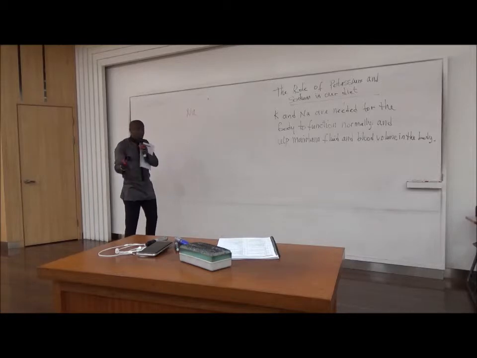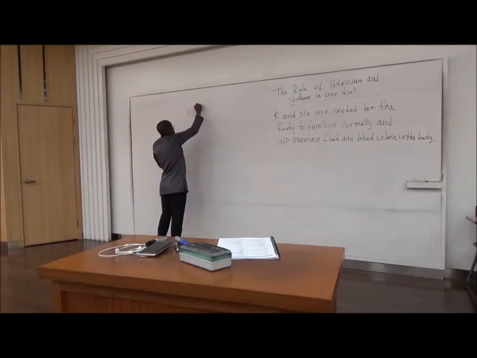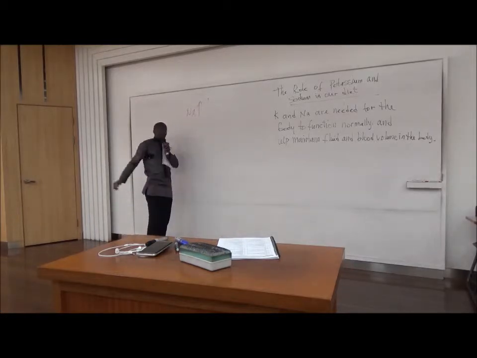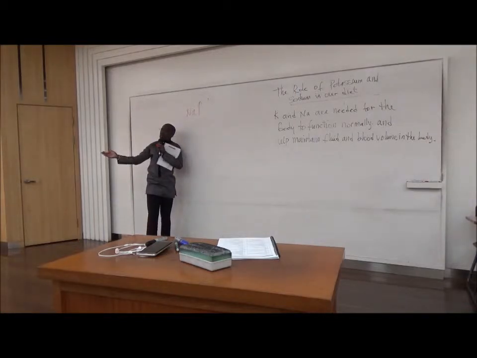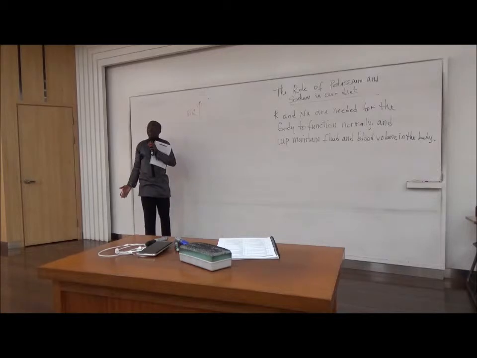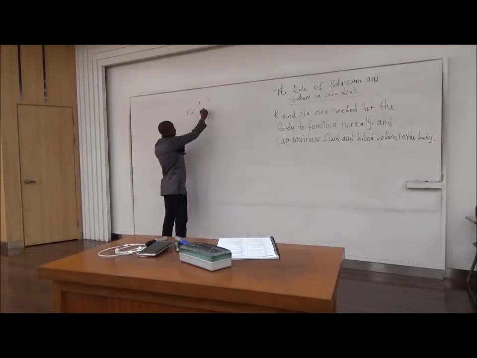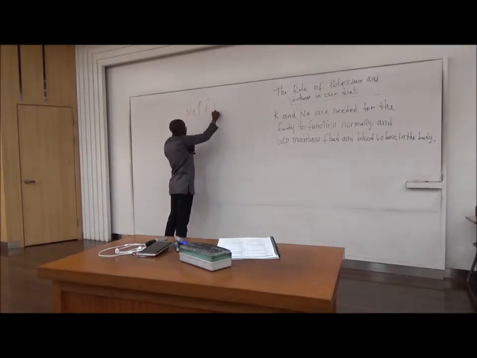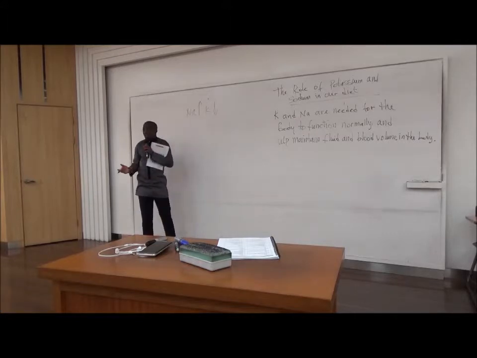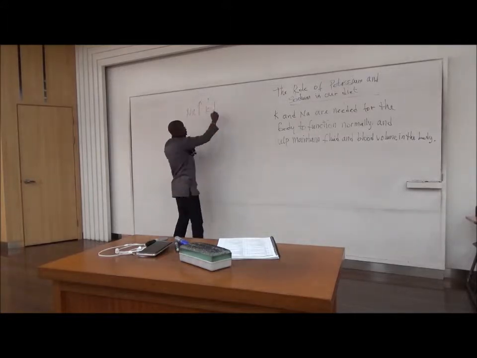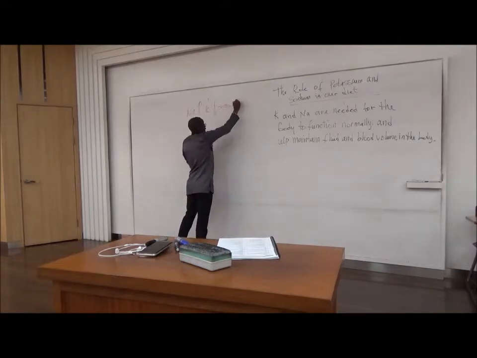So we look at the diet of the person, and we say, wow, the content of sodium is higher. How do we know? We know based on what we eat. And the potassium is much lower. So consequently, what do you have?